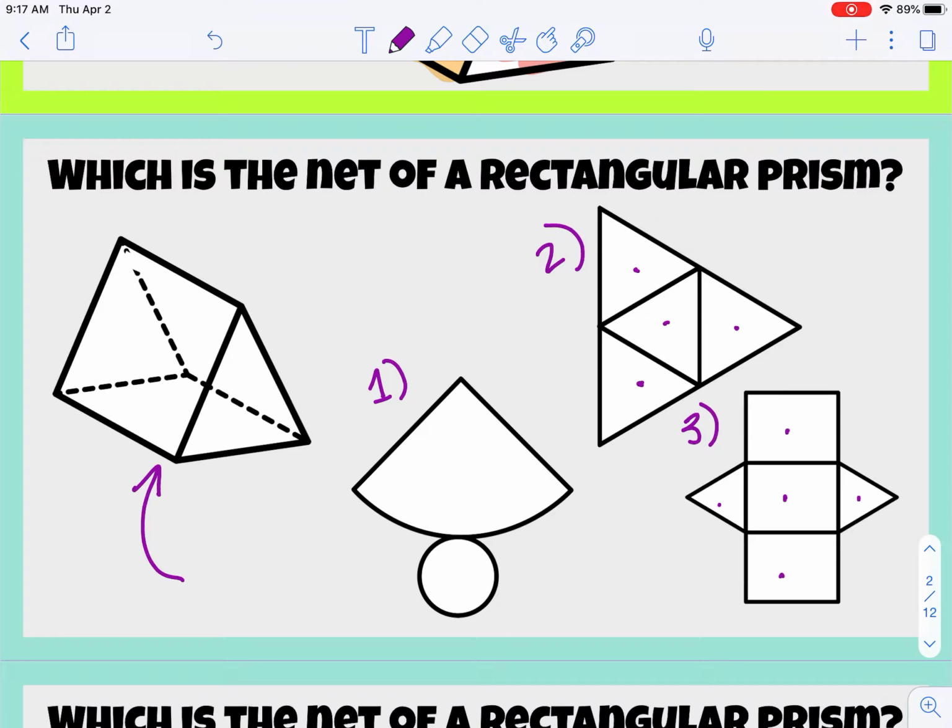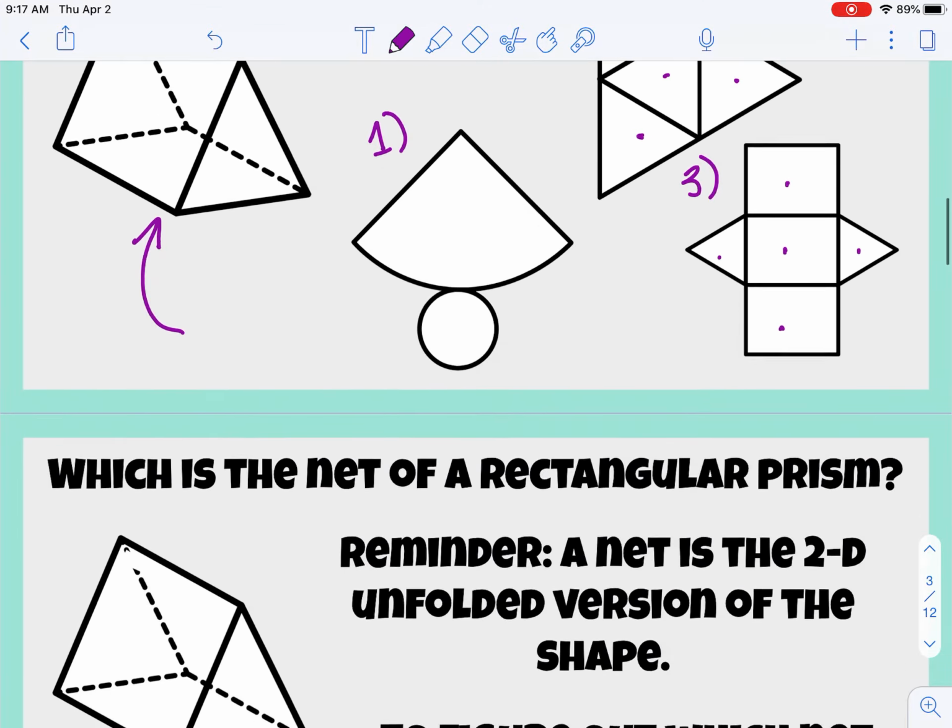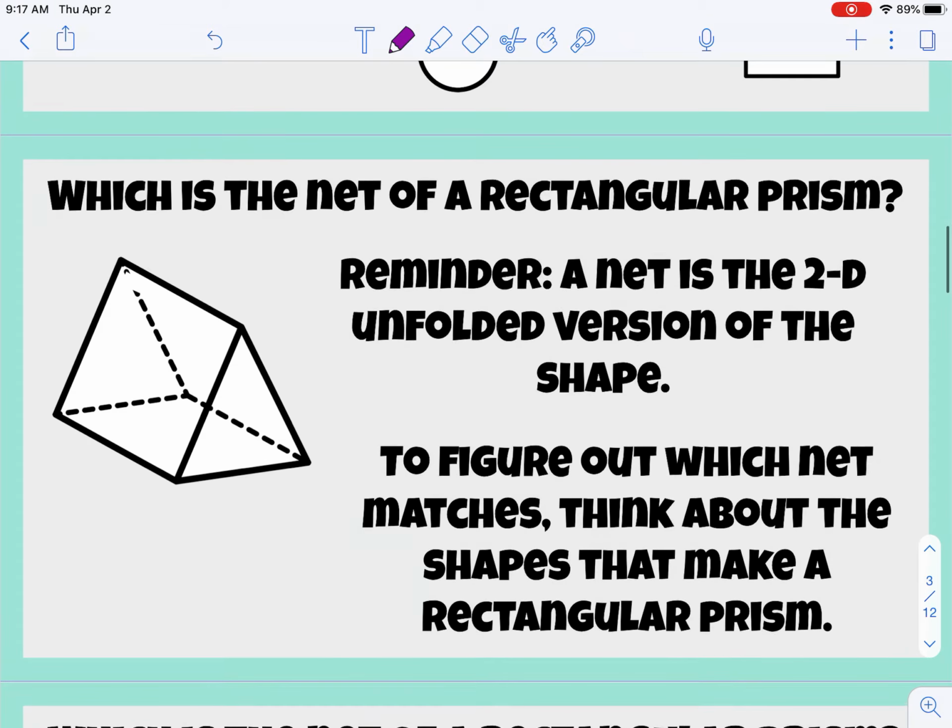So a couple things to think about real quick before we decide which net is the triangular prism. Let's think about the shapes that make up the triangular prism. So the reminder, the net is the 2D unfolded version. It's like if I took the shape and laid it flat. So let's think about what shapes are going to make it up. Think about the shapes that we shaded in or outlined on that first slide.